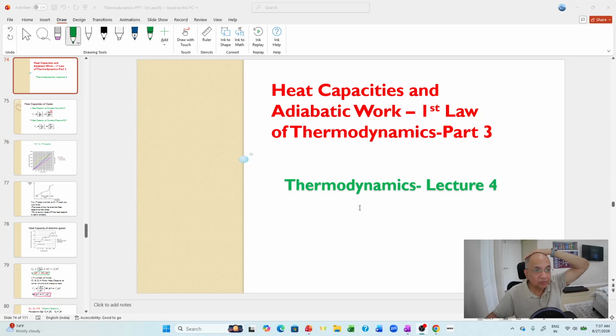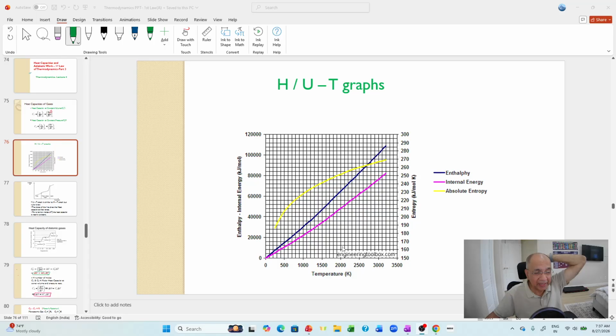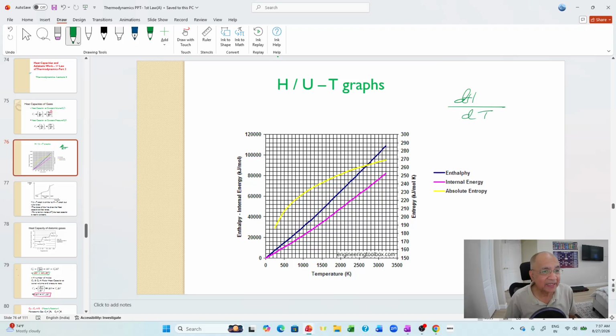Now, I am showing you the heat capacity graphs. Actually, the enthalpy versus temperature graph, the slope of that graph is nothing but dH by dT. Differentiation, not integration, will give you the slope of the graph.